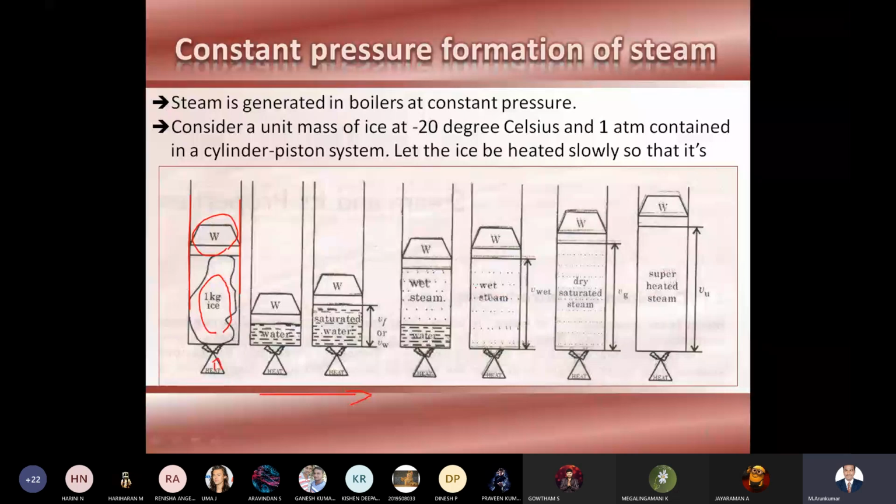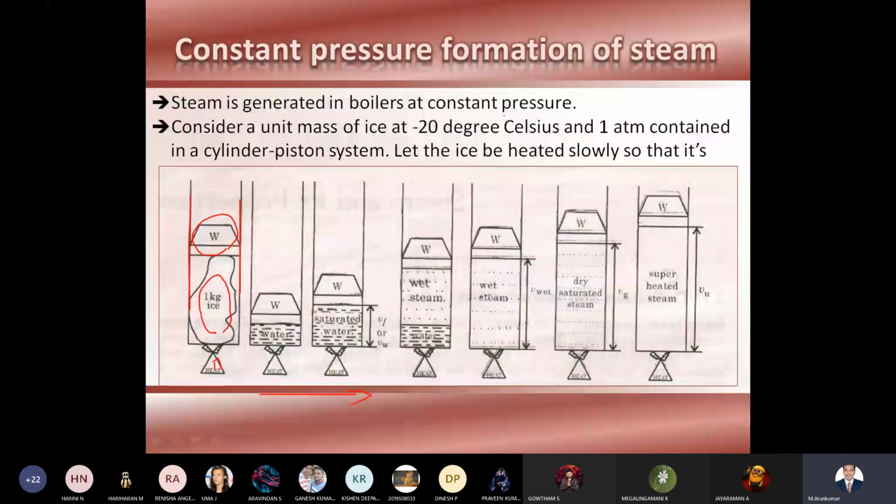So the wet portion, the humidity of this wet steam, will be dried, and we can get the dry saturated steam. This also gets an increased specific volume. Then if you keep on adding heat, finally we can get the superheated steam.